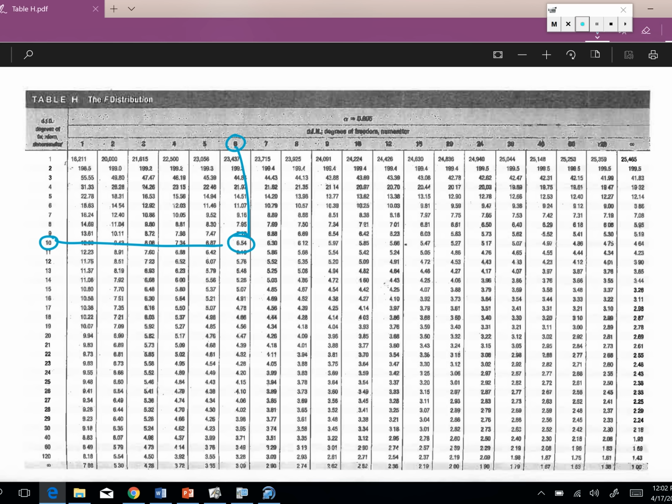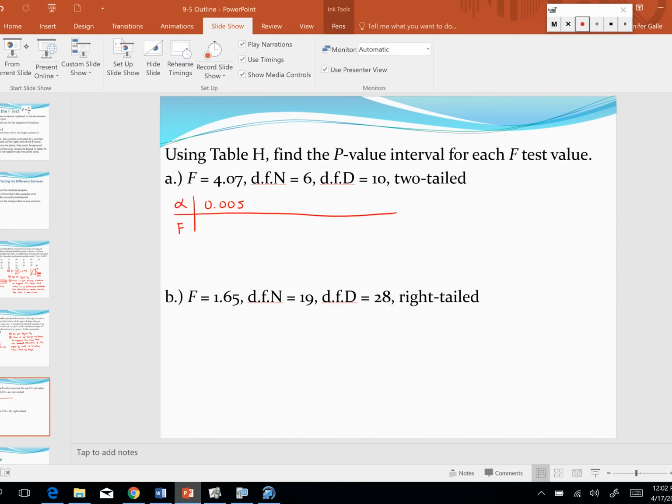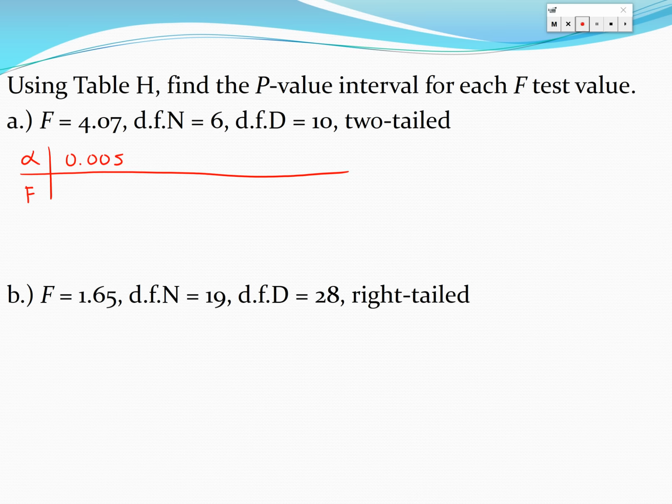So for each alpha value, each page of table H, you have to go to the correct degrees of freedom numerator and denominator and find the value from the table. That value you are then going to list in your little table that you're making.